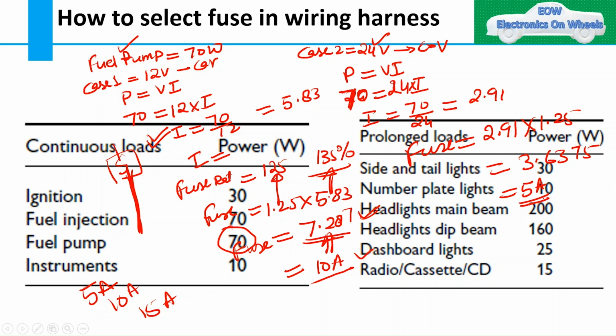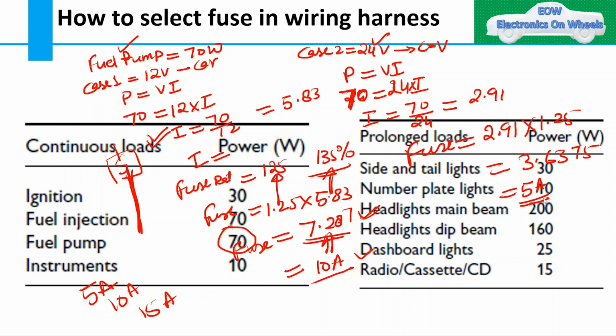Are you clear about this particular mathematical calculation or not? We will come to why we are taking 125% or 135% on this. But as of now, understand the fuse rating should be 125% of your continuous current. Or I can say in another way, the permanent current in a fuse must always be less than 80% of its rating. That way also you can say.